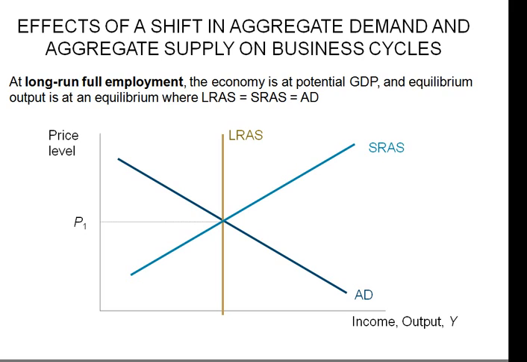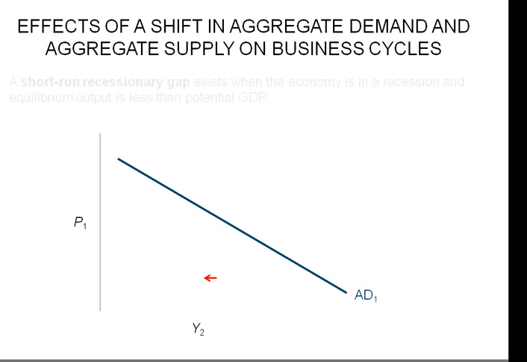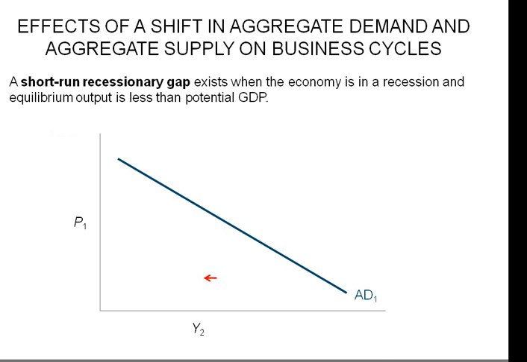Let's see what happens when there is a change or shift in aggregate demand. We have the original aggregate demand curve here. We have price level P on the y-axis and income on the x-axis.